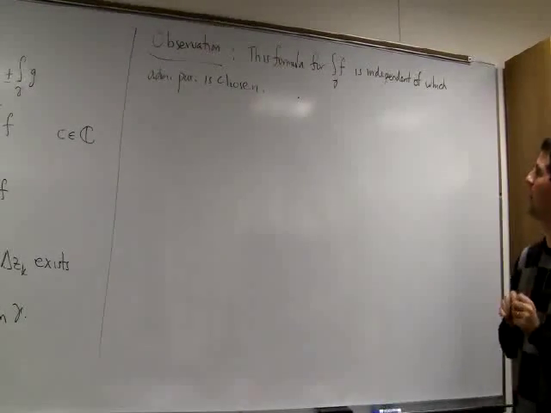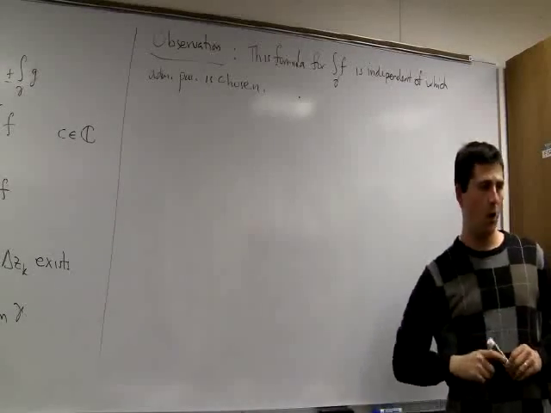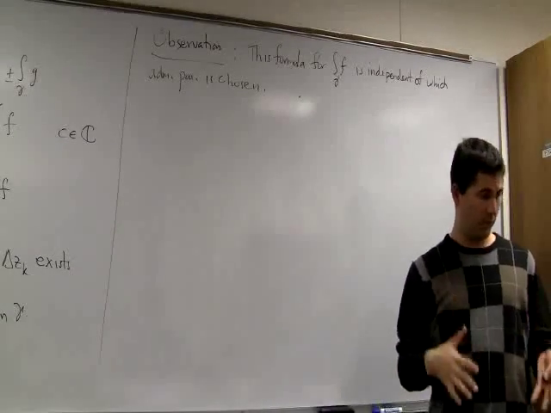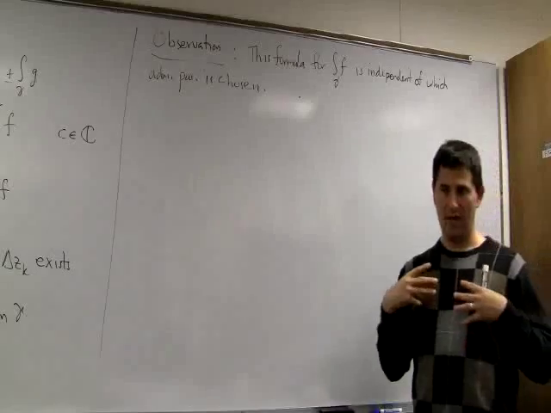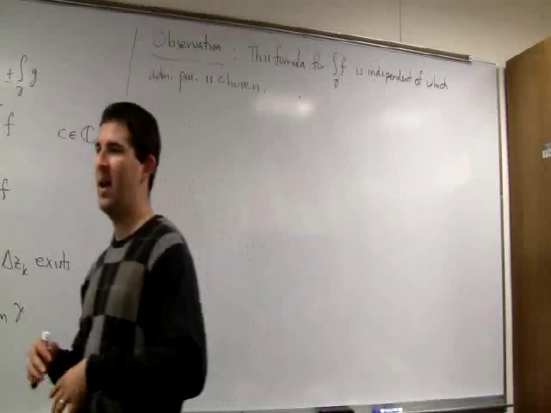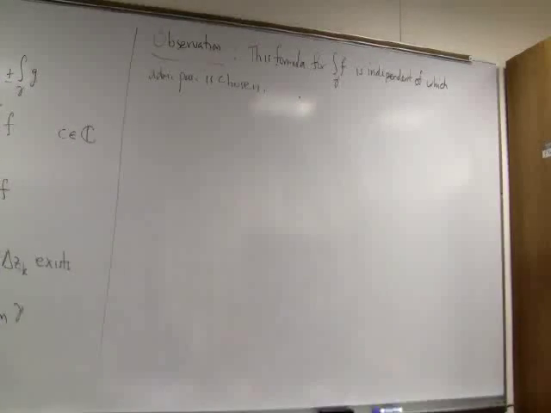So this is an important sort of theorem in mathematics. Whenever you define something where you make choices, you like to then be able to turn around and say, it doesn't matter what choice I make.